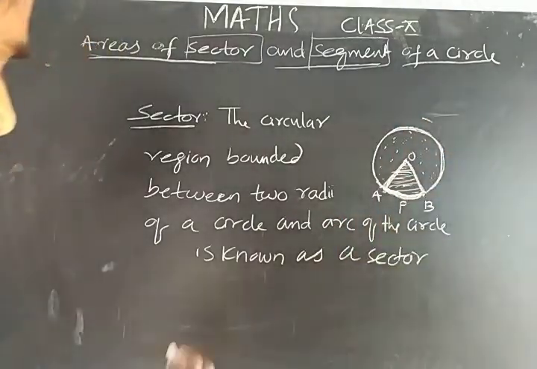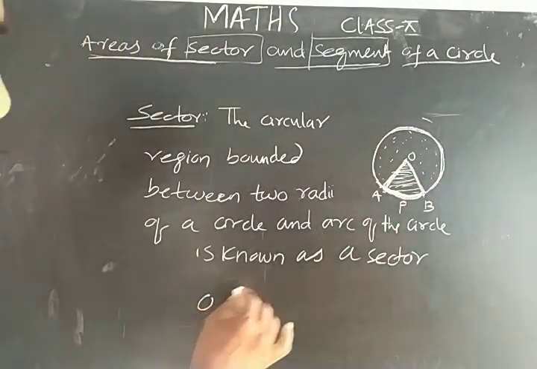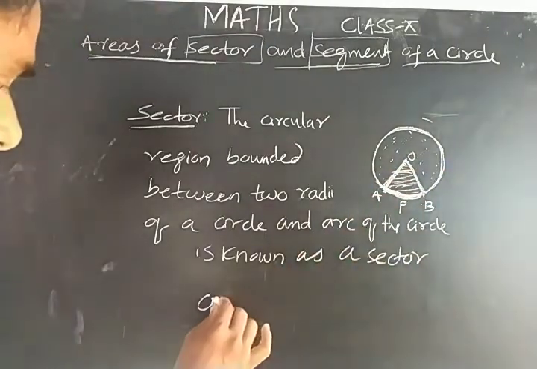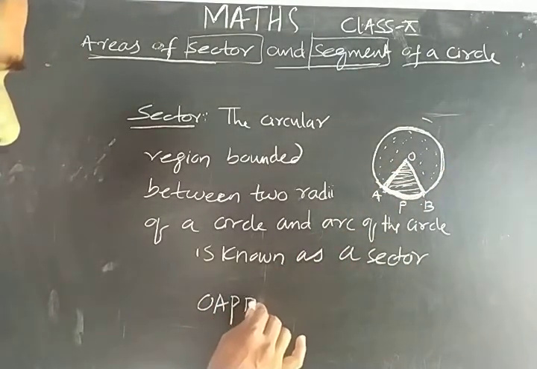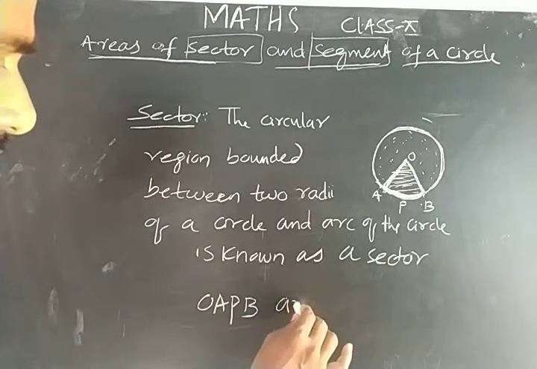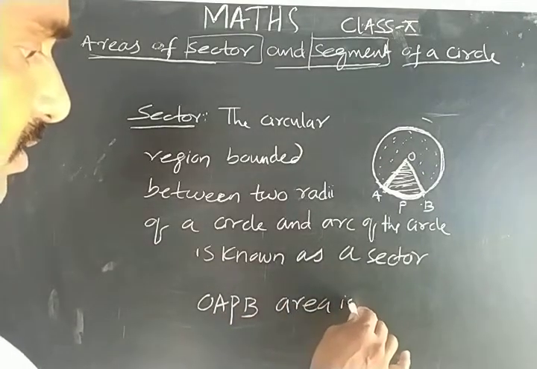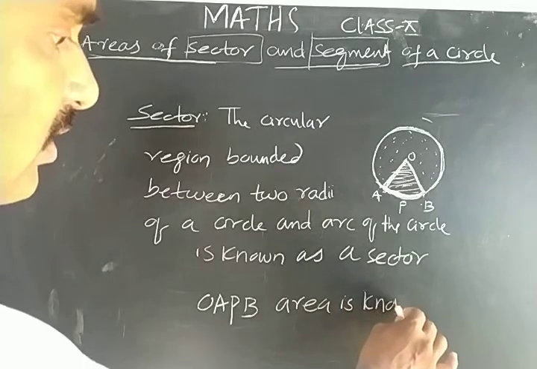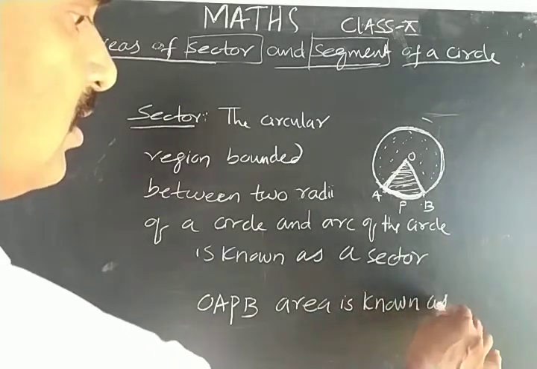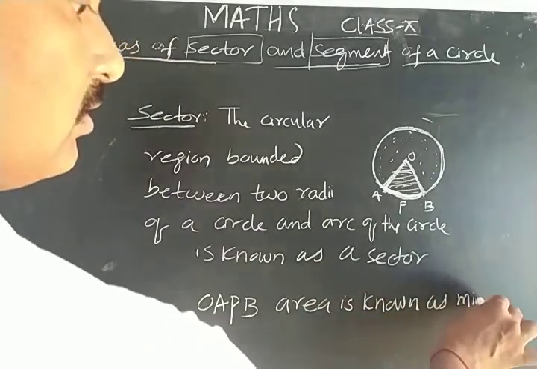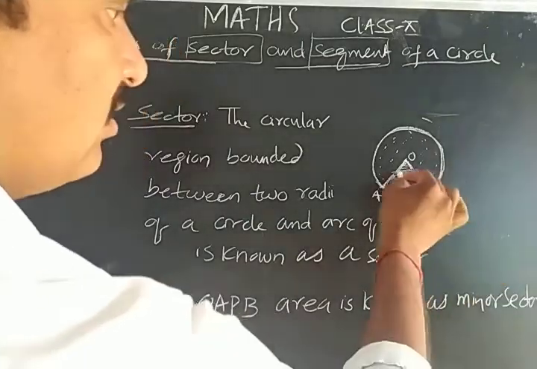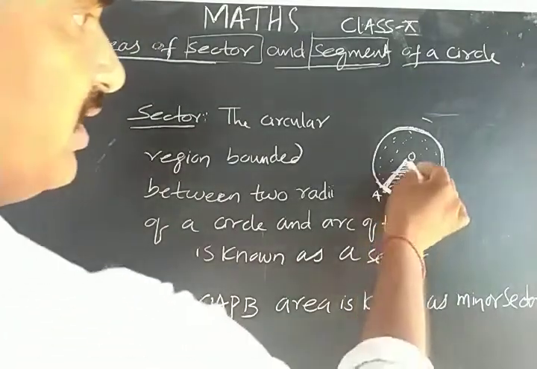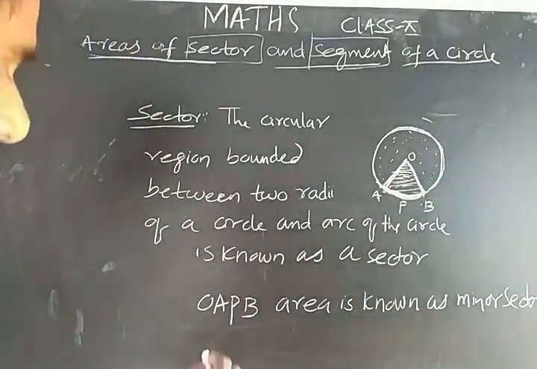So from the diagram, OAPB area is known as minor sector. This area, the shaded region area, is called minor sector.